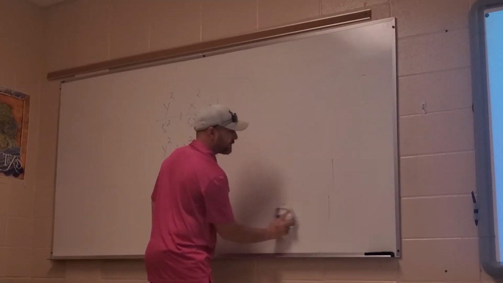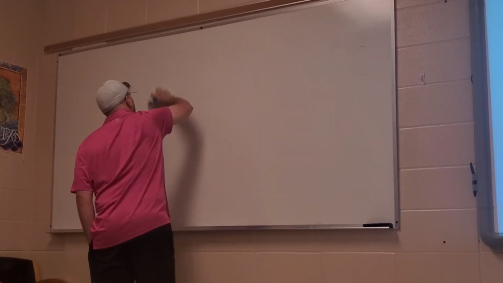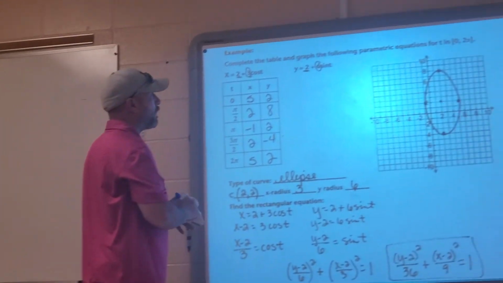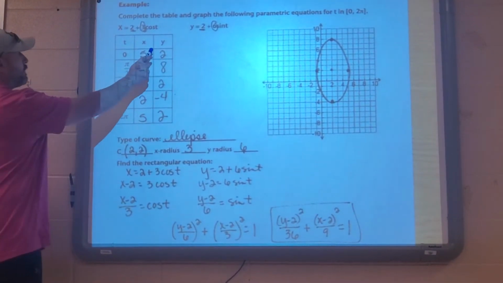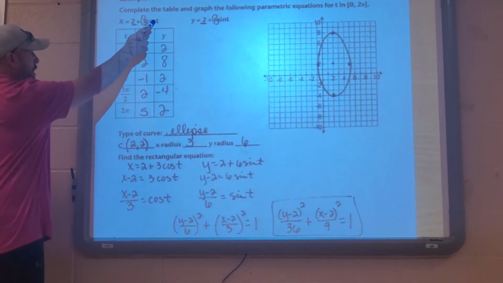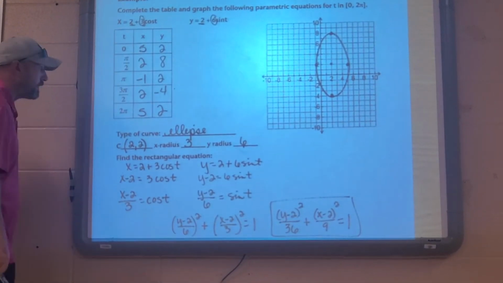Next one says another example of the same thing we just did, except now we're going to deal with an ellipse. So you put these values in, and you're going to get these values to come out when you put 0 in for t, pi over 2 for t, pi for t.